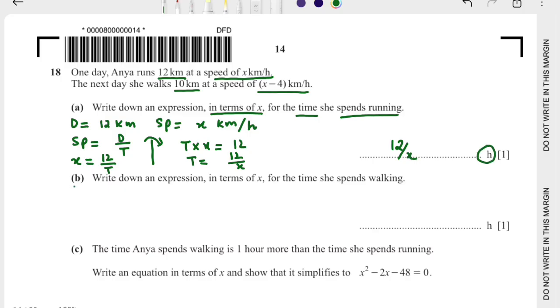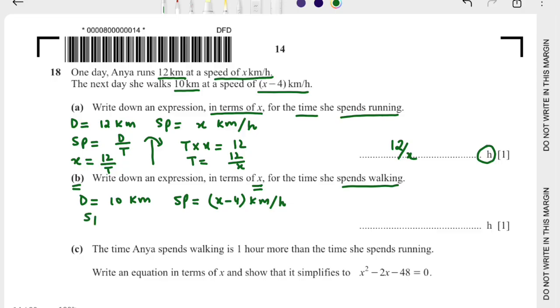Now B part: write down an expression in terms of x for the time she spends walking. Now distance is equal to 10 kilometers. Speed is x minus 4 kilometers per hour, and we have to find out time.